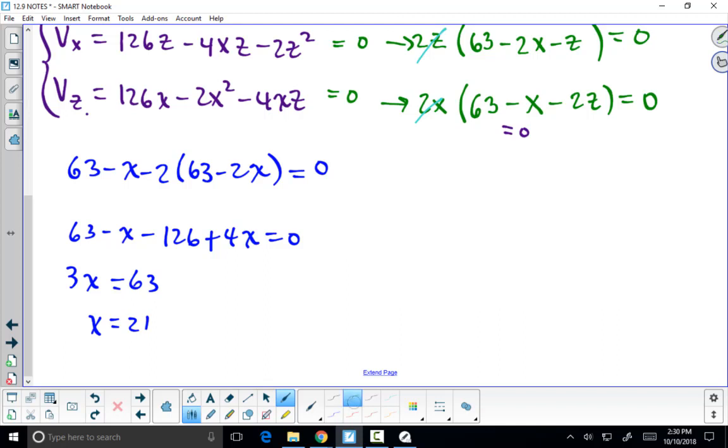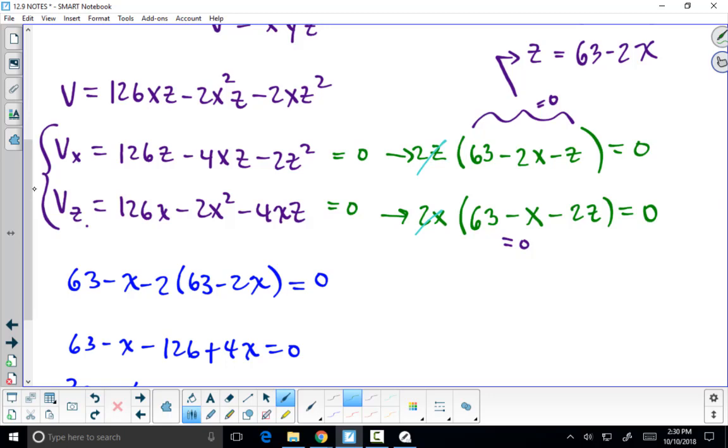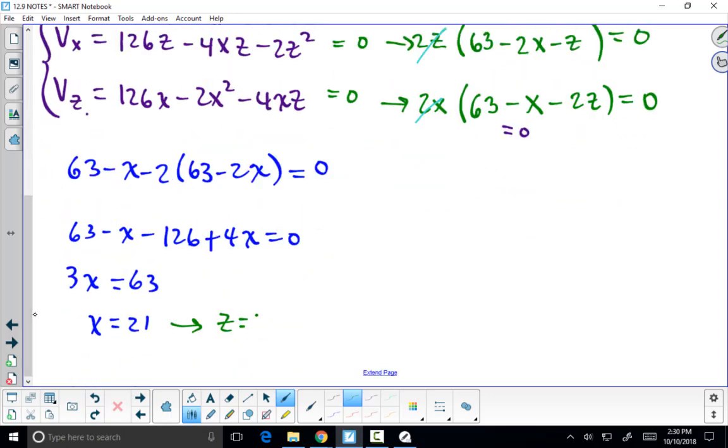If x is 21, what is z equal to? So we're going to go back up to the relationship that we established for x and z, plug in x equals 21. 21 times 2 is 42, and that gives us a 21 for z.